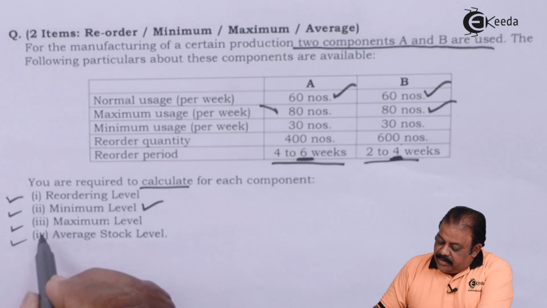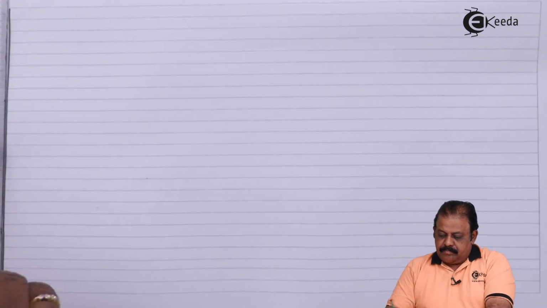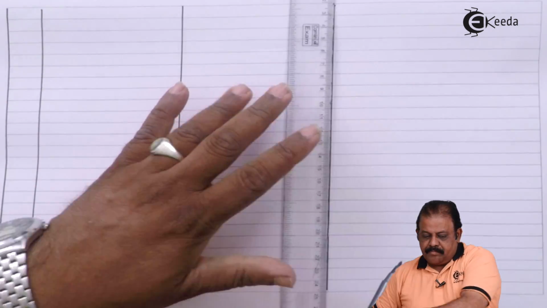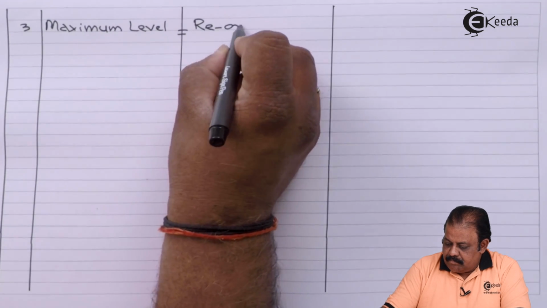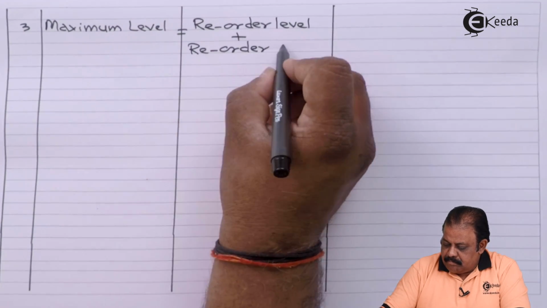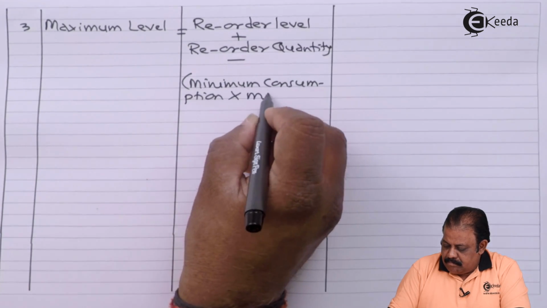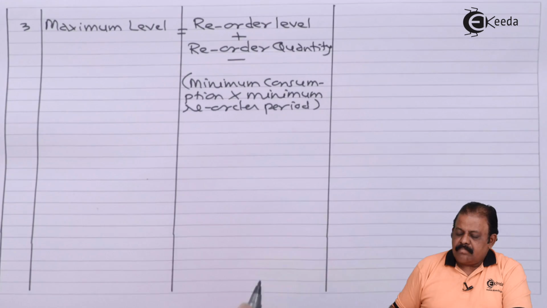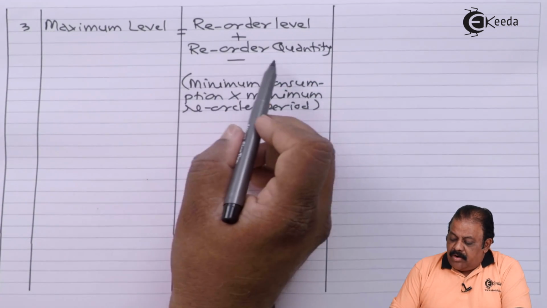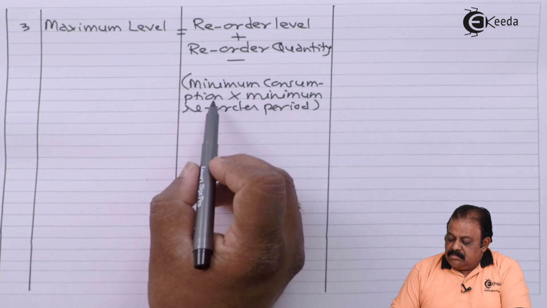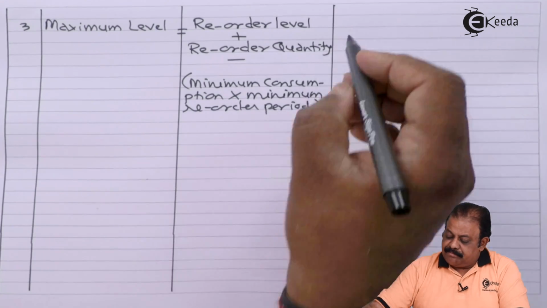Next, we are required to calculate maximum level. Maximum level is equal to reorder level plus reorder quantity minus, in bracket, minimum consumption multiplied by minimum reorder period.